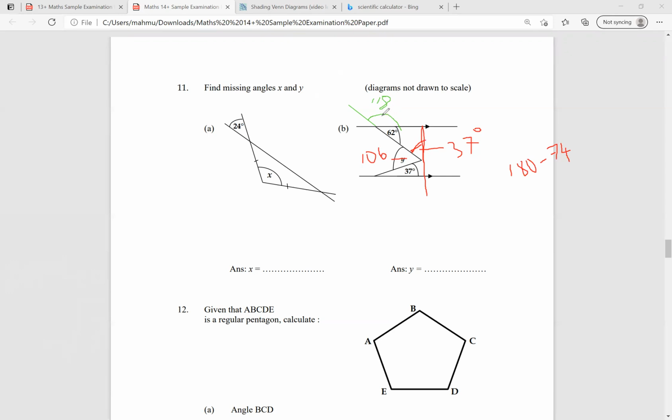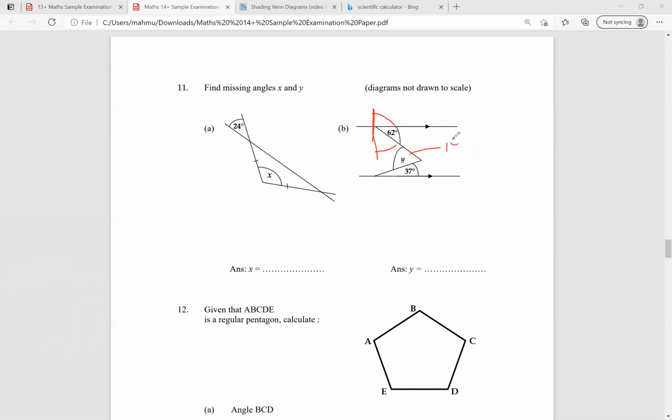So if this is 62, you found this as 118. Let's clear my drawing. It can't be because you've got this and this. That will make 180. It can't be that this side is 118. So if it's 62, we could work out. So the answer should be 108.